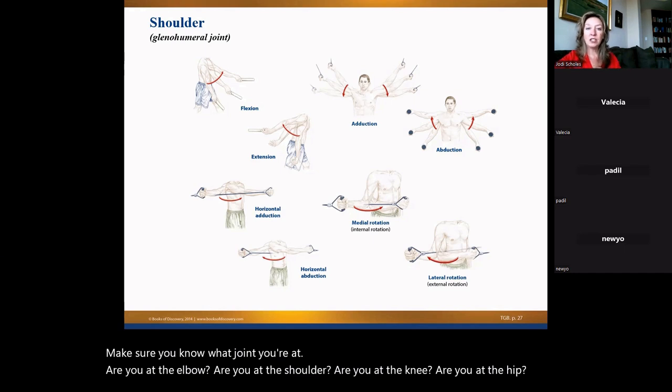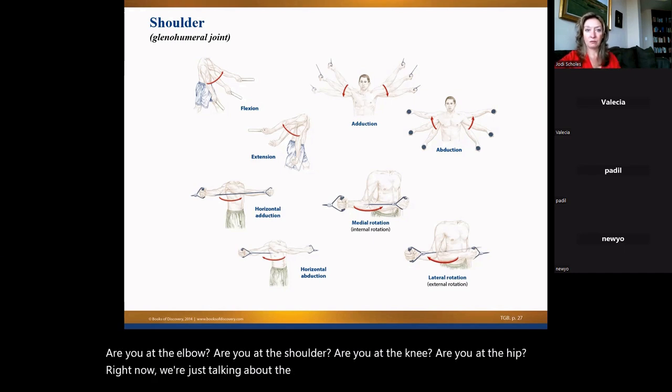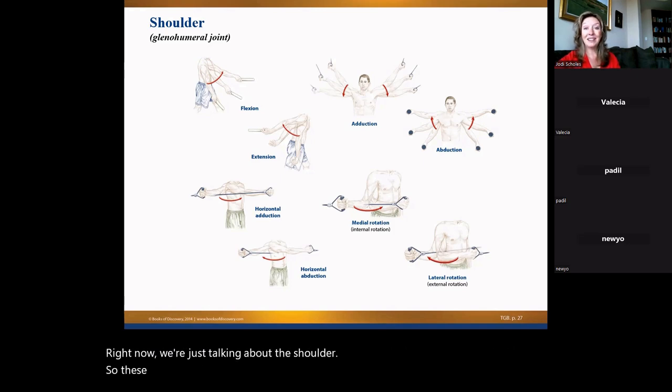Right now, we're just talking about the shoulder. So I'm showing you the movement at the glenohumeral joint. All right, what did you think? It's pretty good stuff, huh? Isolating the joint and then talking about the movement at that joint is a key factor in answering the questions correctly. But that's all you get for right now.